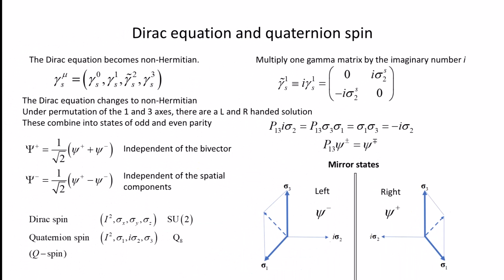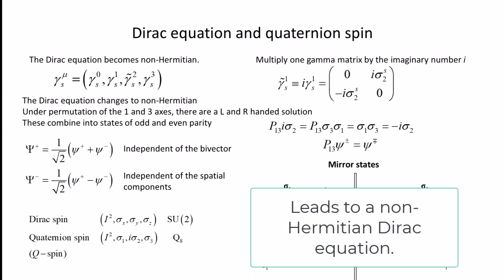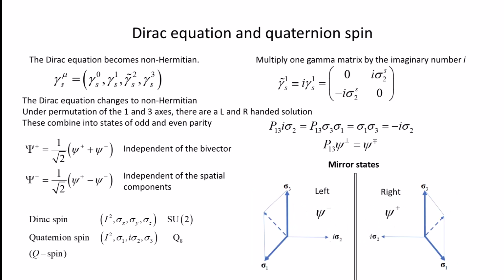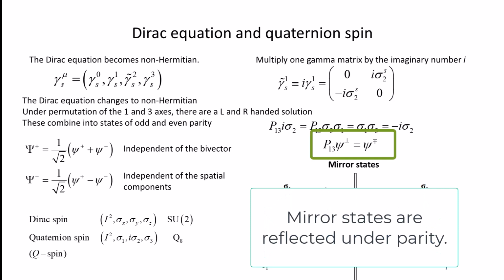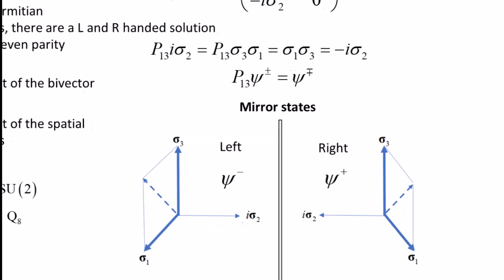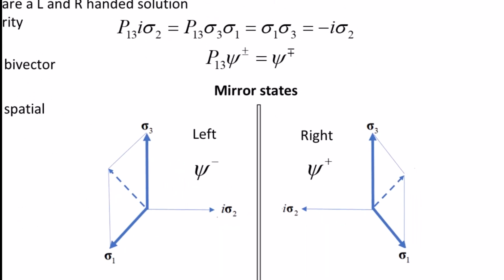This leads to a non-Hermitian Dirac equation, and the solutions are mirror states, just like Dirac found. These mirror states are reflected under the permutation of the 1 and 3 axes. The mirror states are in a right and left-handed coordinate frame.